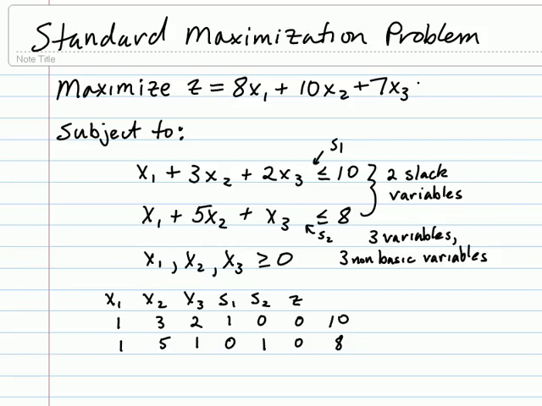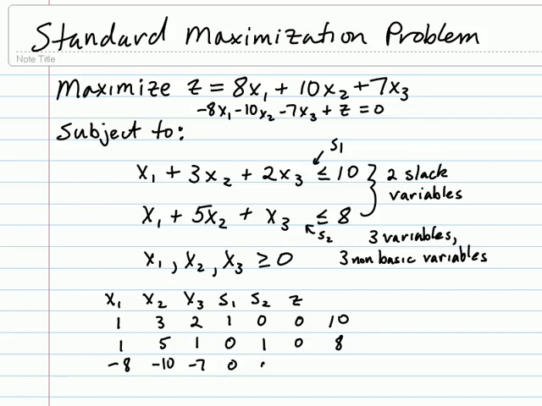We also need to rewrite our objective by moving all of the terms to the same side as z. In other words, that's negative 8x sub 1 minus 10x sub 2 minus 7x sub 3 plus z equals 0. Translating that into the last row of the tableau, we get negative 8, negative 10, negative 7.